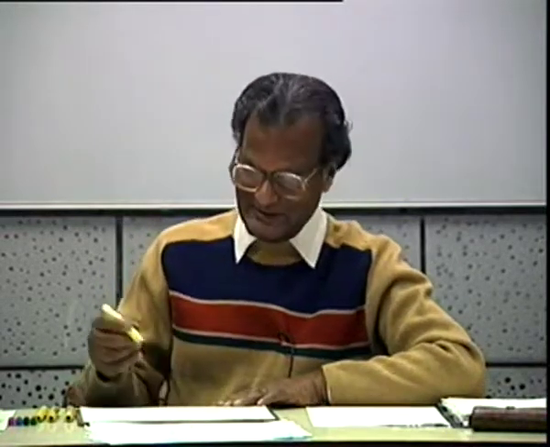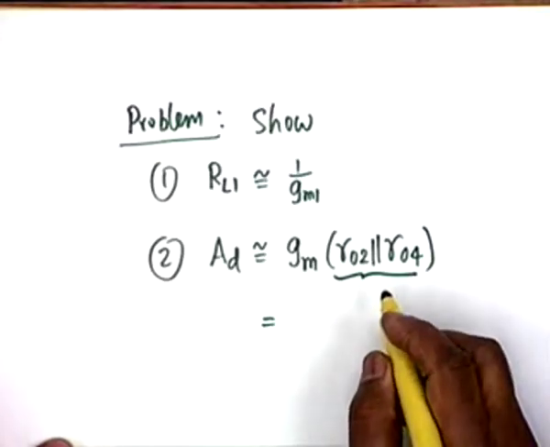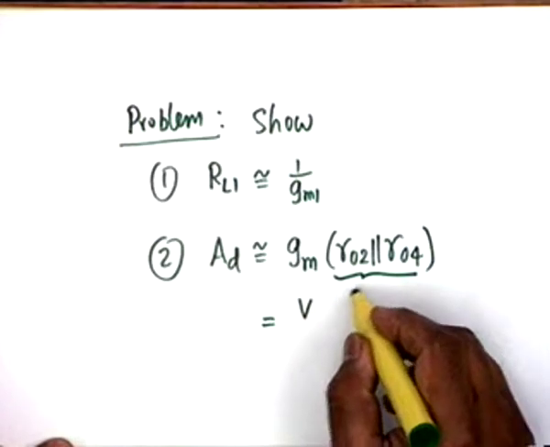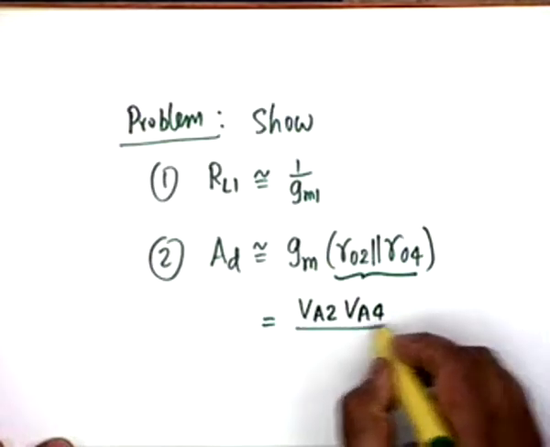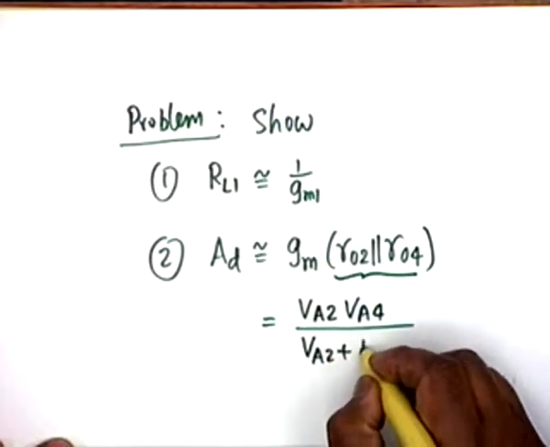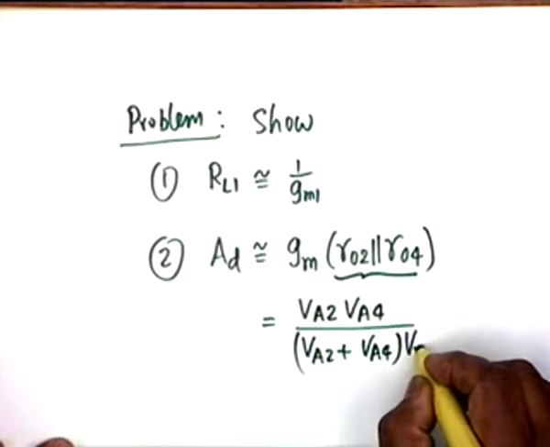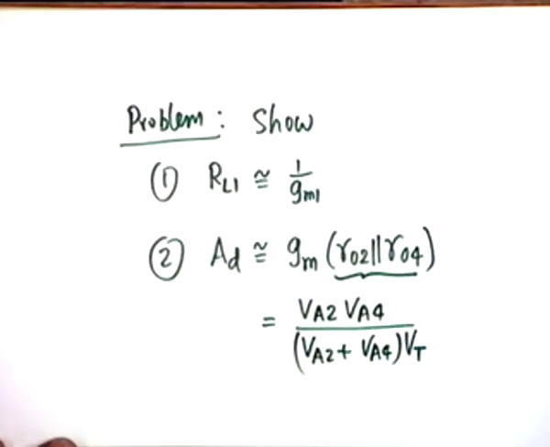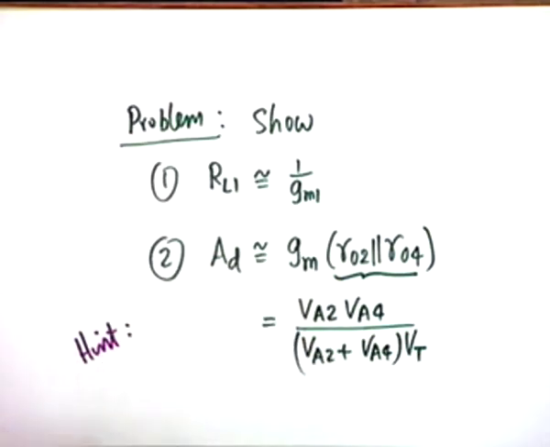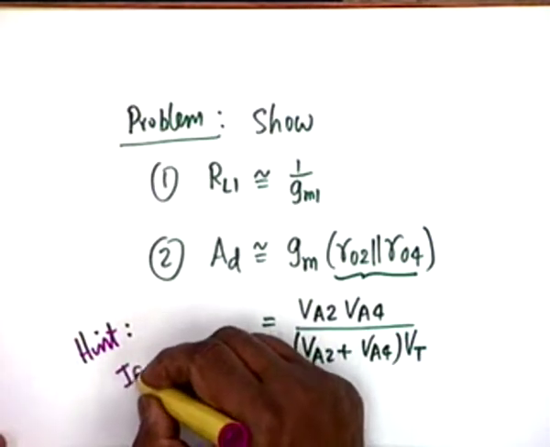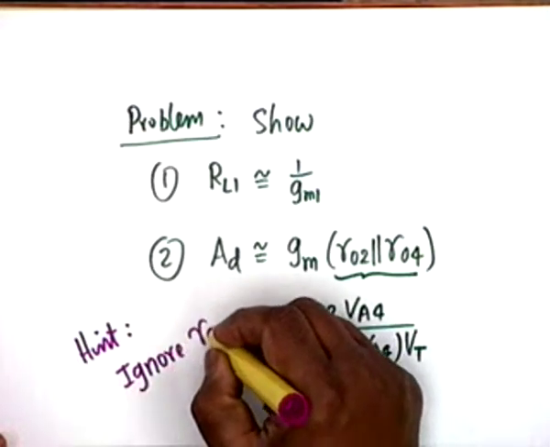All right, I also did that as a problem, and I want you to show that this is equal to, well, obviously this can be shown very easily, VA2 VA4 divided by VA2 plus VA4 multiplied by VT, which is now independent of the collector currents and so on. Okay. Hint: in showing this, you do well to ignore R01.